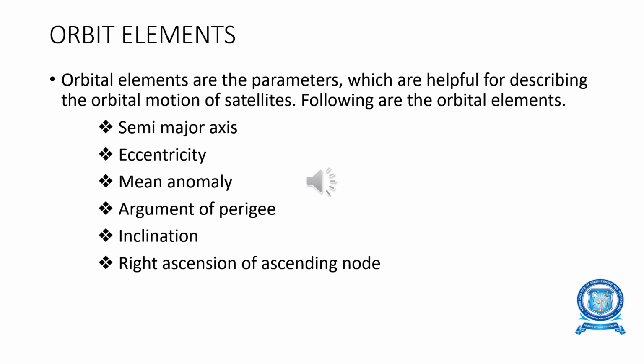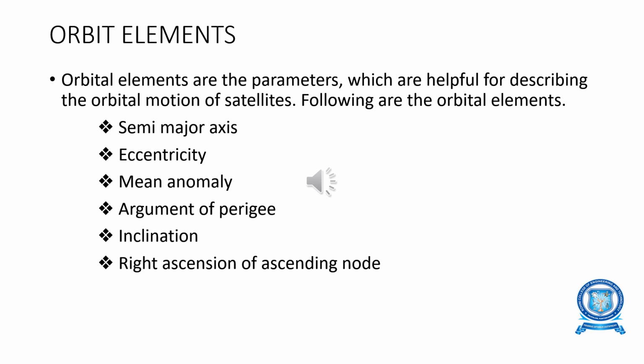Next, argument of perigee. The satellite orbit cuts the equatorial plane at two points. The first point is called the descending node, where the satellite passes from the northern hemisphere to the southern hemisphere. The second point is called the ascending node, where the satellite passes from the southern hemisphere to the northern hemisphere. The argument of perigee is the angle between the ascending node and perigee.